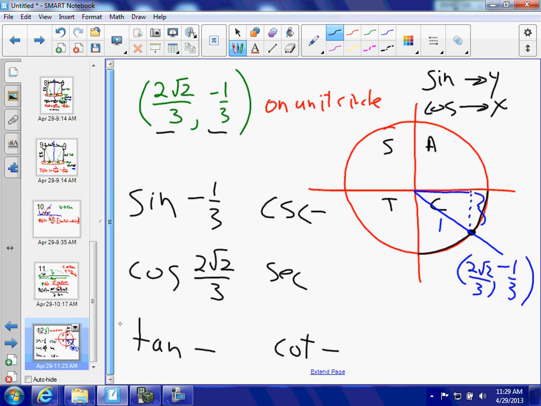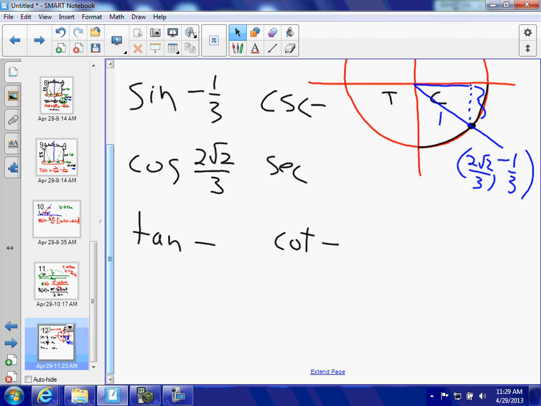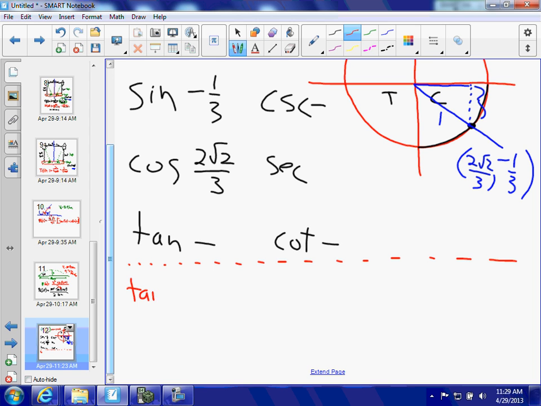Tangent is going to be sine over cosine. So I'm going to put a little calculation workspace underneath where my answer is going to be. So tangent is equal to sine over cosine, which is negative 1/3 divided by 2 radical 2 over 3.